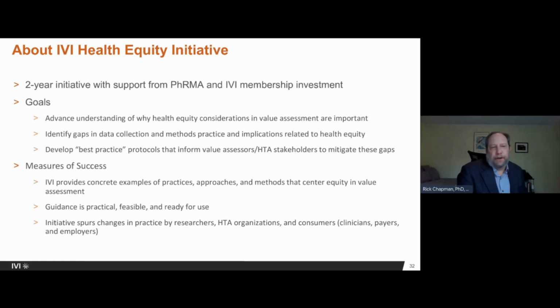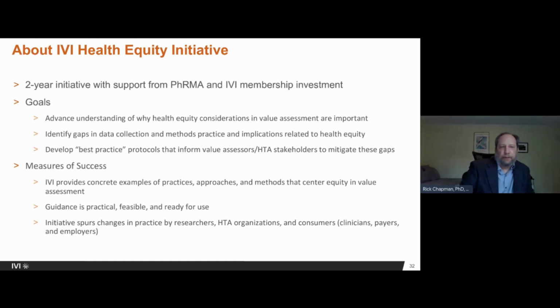And so we've started a 2-year initiative. We're more than halfway through that initiative now, really trying to look at what we can say about health equity and social determinants of health in health technology assessment, and how we can pull that information into methods and practice and processes around health technology assessment to ensure that we're paying attention to these types of issues.